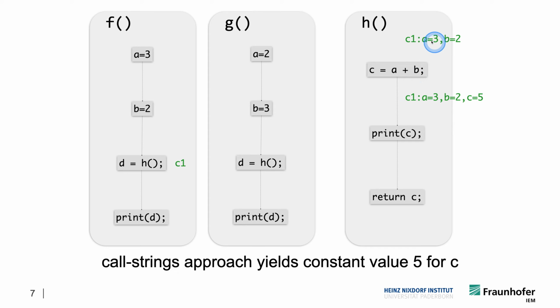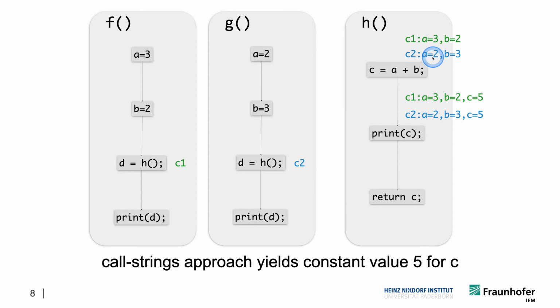But yeah, so in context C1, we have this variable mapping here, and therefore, if we do a full constant propagation, a non-distributive one, then we can know that C here has the value 5 for this particular calling context. And if we look at the second calling context, we see that, oh, these two numbers are actually flipped, right?